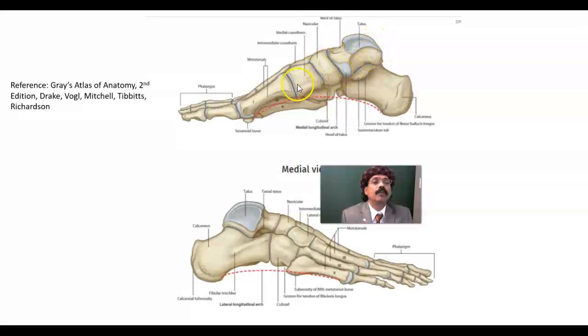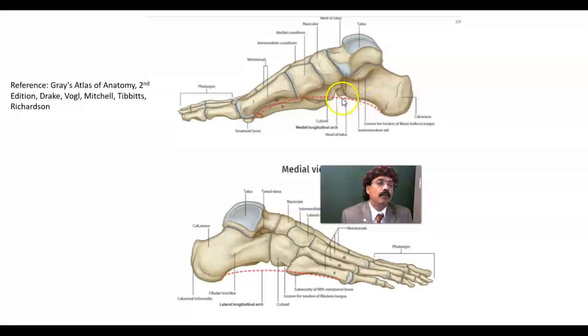This is the navicular bone, medial cuneiform bone, first metatarsal bone, and the bones of the foot make an arch medially. We call it the medial longitudinal arch, essential for shock absorption and protection of structures, and also for ease of movement. Running and walking are helped by these arches.